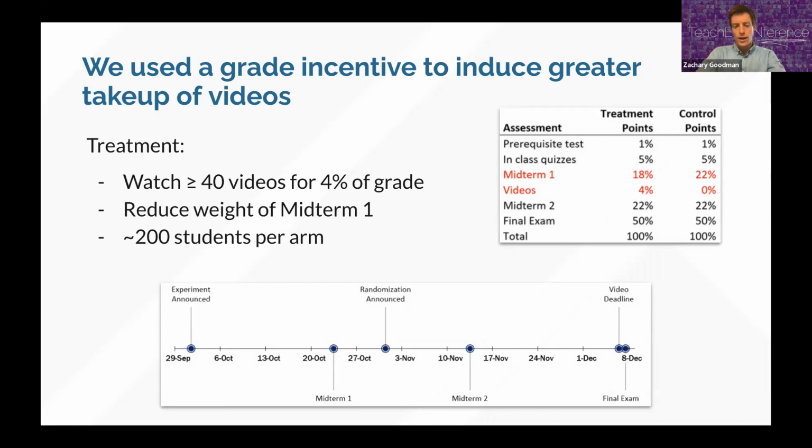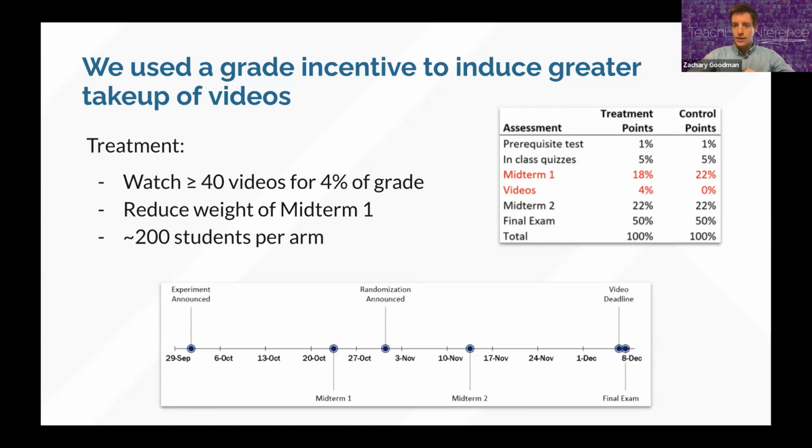And the way it worked is after the first midterm, we assigned students to treatment or control. In the treatment arm, students received 4 percentage points towards their final grade by watching at least 40 videos, and it's all or nothing. So if you watch 39 videos, you didn't get the 4%, but if you watched all the videos, you get as much credit as watching exactly 40. There were 48 total incentivized videos.